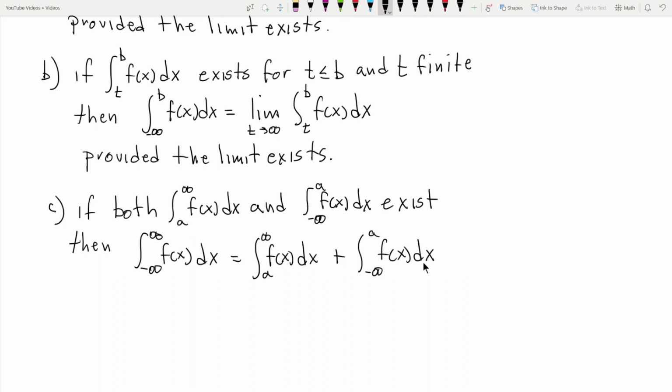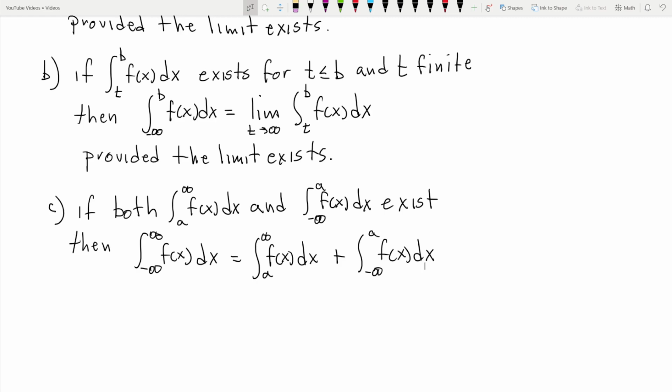But in order to evaluate that last case, you have to be able to split the integral at a point, and both the left-hand side and the right-hand side have to exist. So that means splitting the problem up into two separate problems.